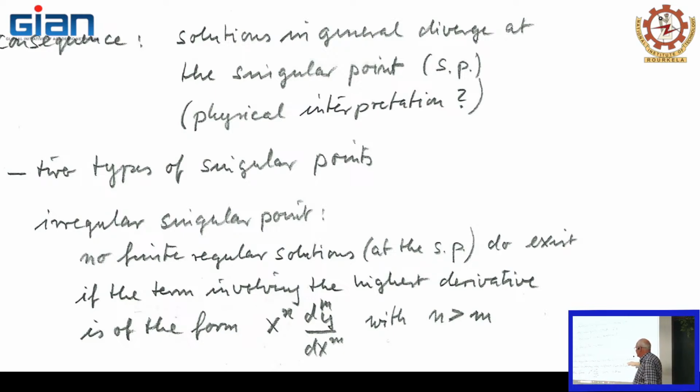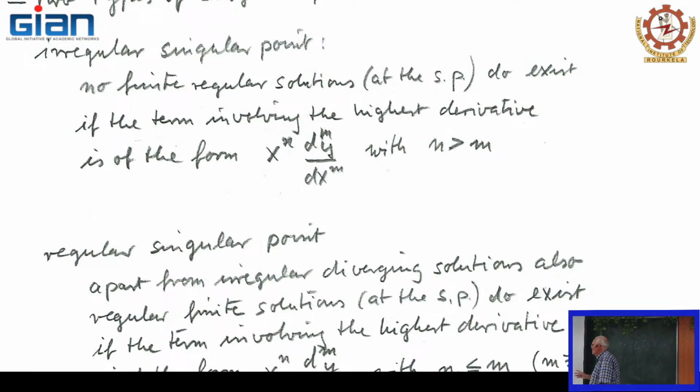Irregular singular points are excluded in physics. We don't want them at all, and we would like to deal only with the regular singular points. Okay, let's give a very simple example of regular and irregular singular points.